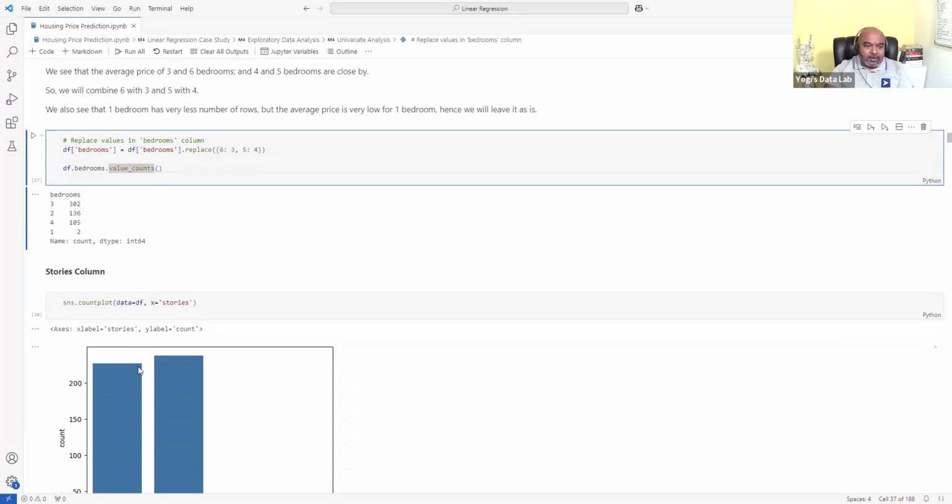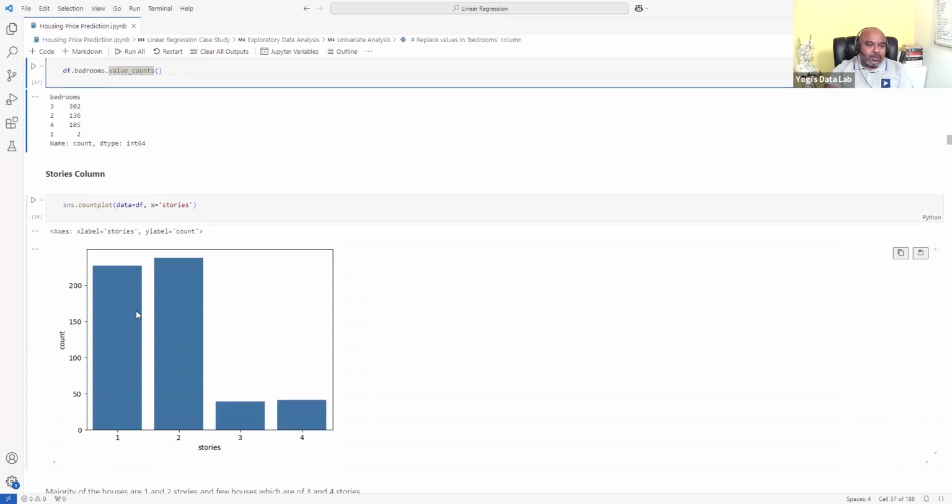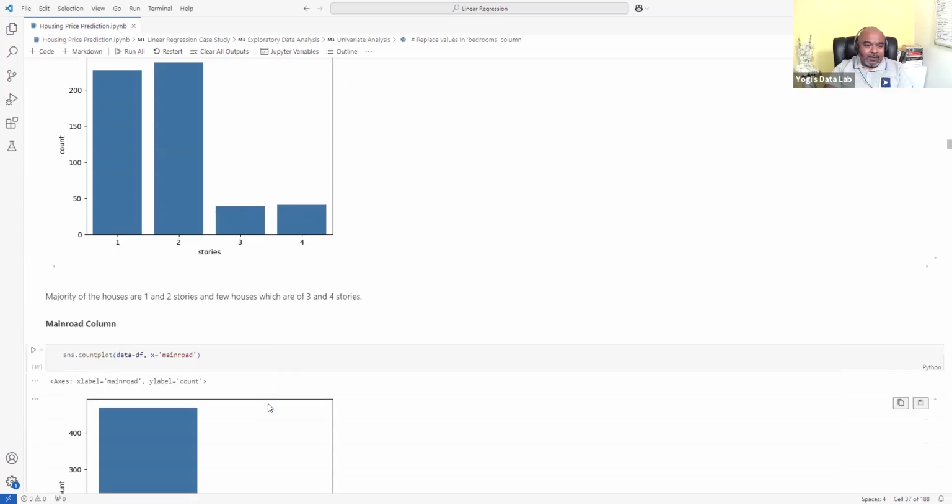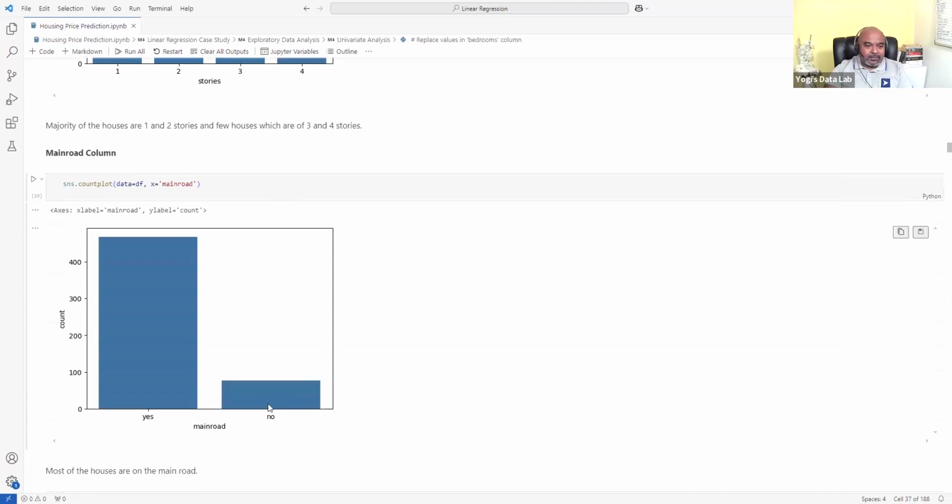Let's look at the stories column, which is the number of floors. When you look into the stories column, you see that most of them are 1 story or 2 stories. 3 and 4 are less, but they are still some values. So we'll leave them as it is. Main road, let's look at main road. When I look at the count plot of main road, it shows that most of the properties are on the main road.